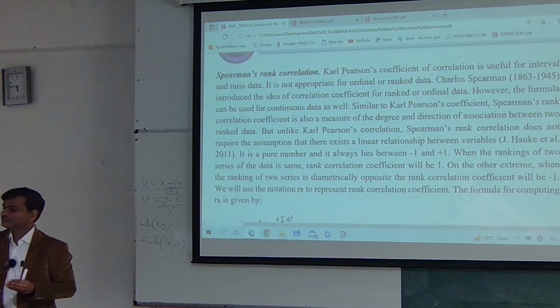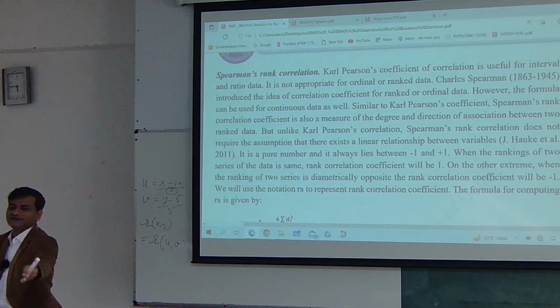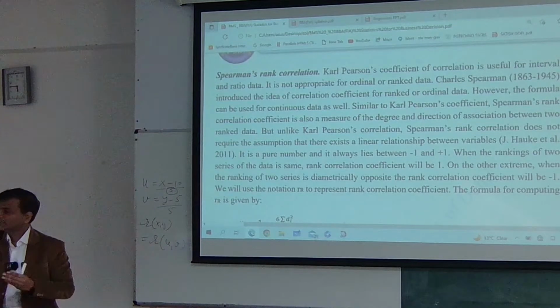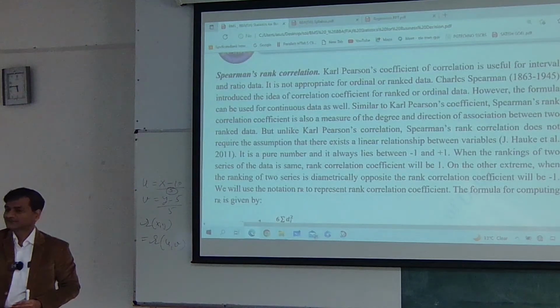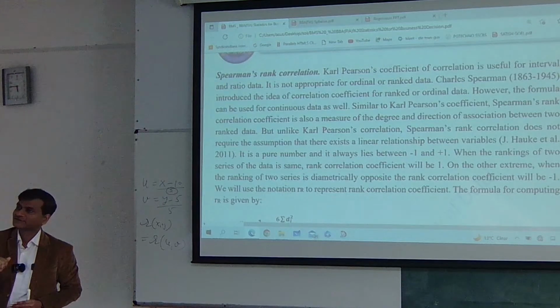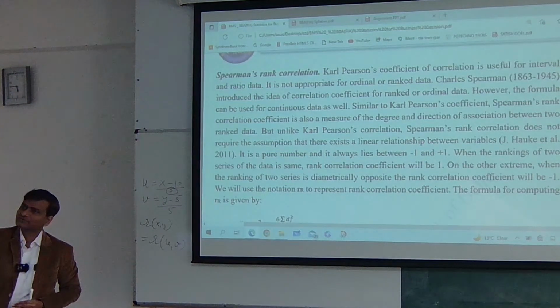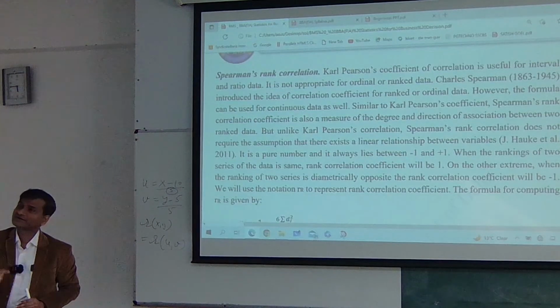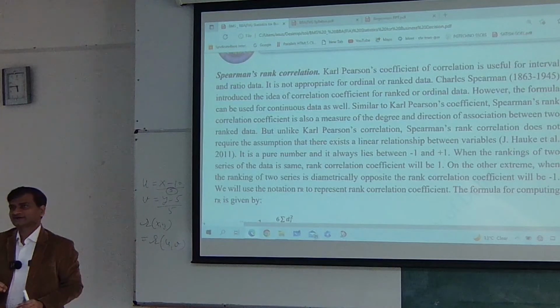Similarly in rank, if you get rank 1, rank 2, rank 3, I know you are better than her, but how much? You may have got 100 marks, she may have got 40 marks, but still rank 1, rank 2. The difference may be 60, the difference may be only 0.1. So that is the problem with ordinal data.